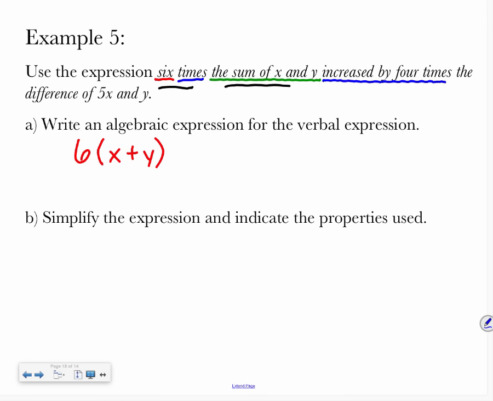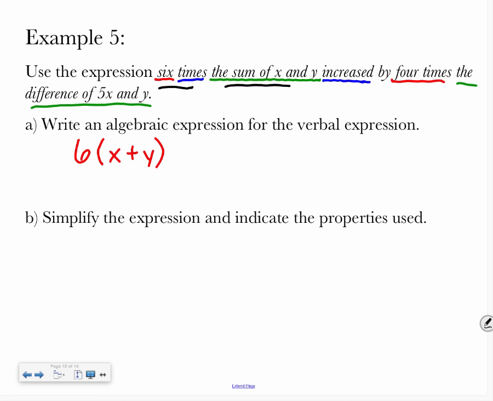So increased, I'm going to actually just underline increased first. So increased by 4 times the difference, so the difference of 5x and y. Okay, so increased, so our first part right here that we already have is being increased by another number.